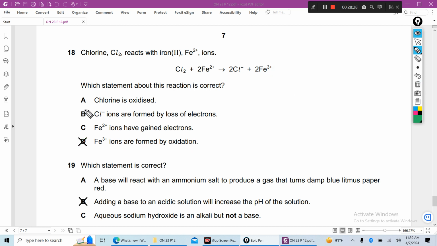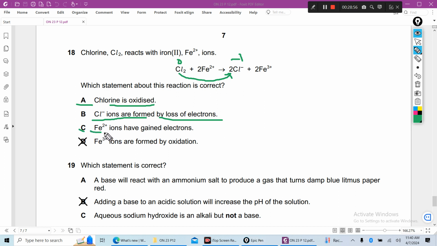So why not A? Chlorine is oxidized. No, chlorine is reduced. Here the oxidation number is 0, here it is -1. If the oxidation number decreases, this is reduction. B: chloride ions are formed by the loss of electrons. No, chloride ion is formed by the gain of electrons. When chlorine gains an electron, a negative ion is formed.